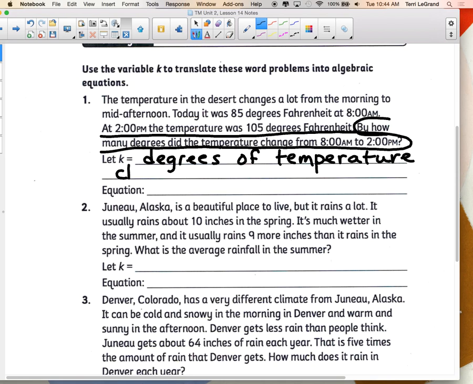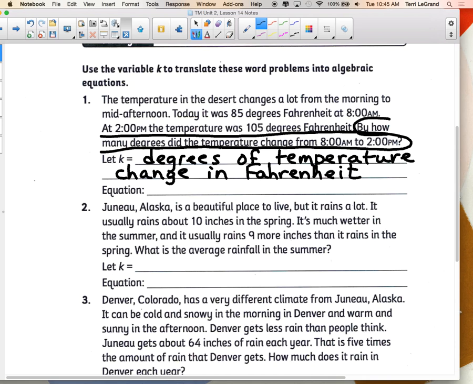Degrees of temperature change in Fahrenheit. Okay, get that written out. Degrees of temperature change in Fahrenheit. That's what our equation is supposed to represent.